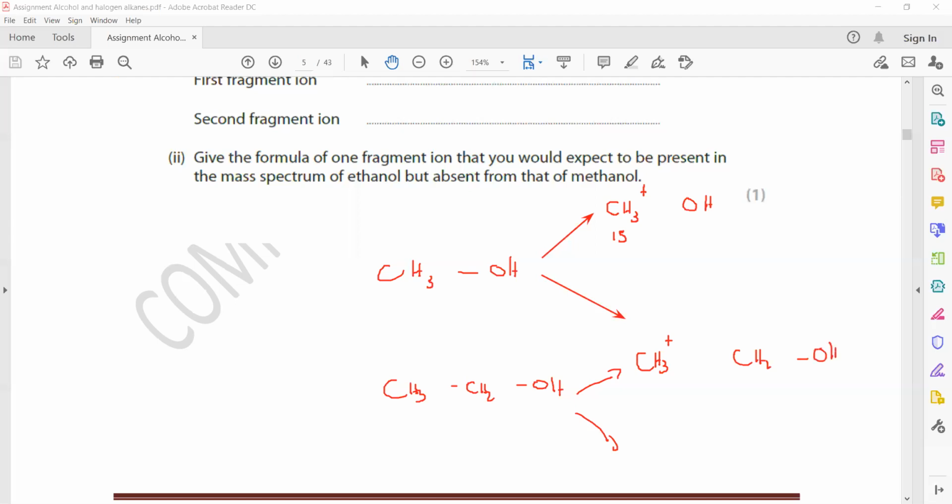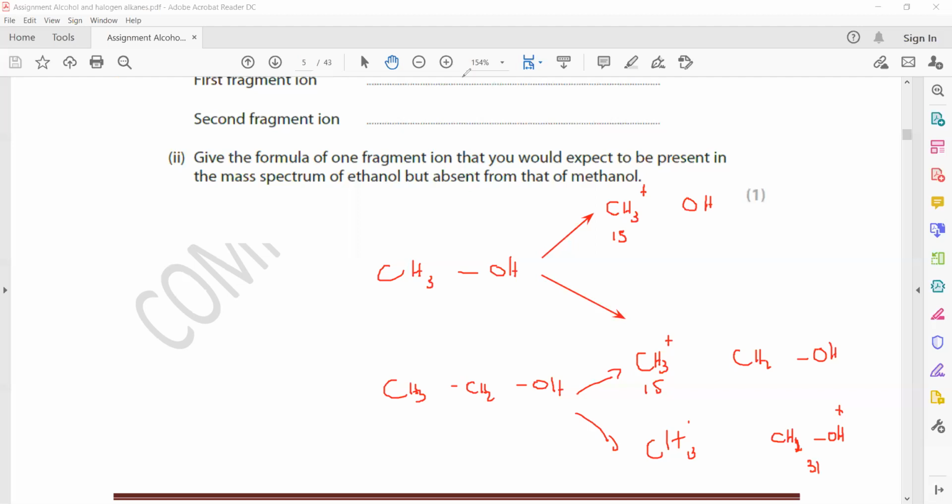This is one possibility. Or it might be CH3 as the radical and CH2OH will be the fragment which we detect. If we detect CH3, we can detect it at 15. If we detect CH2OH, carbon is 12 plus hydrogen 2 is 14, plus 16 for oxygen is 30, plus 1 is 31. So we'll detect a peak at 31.